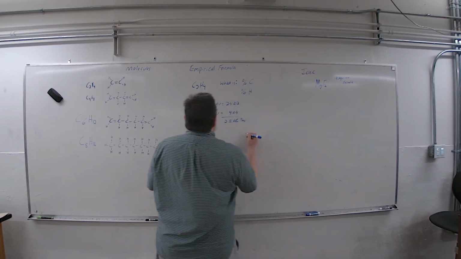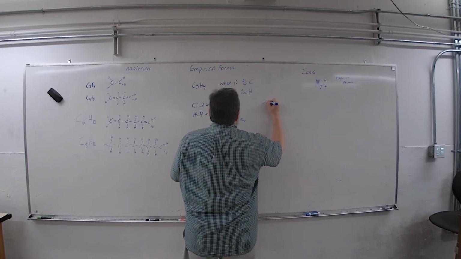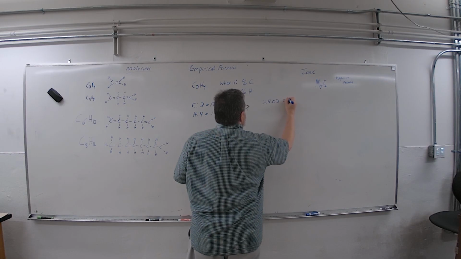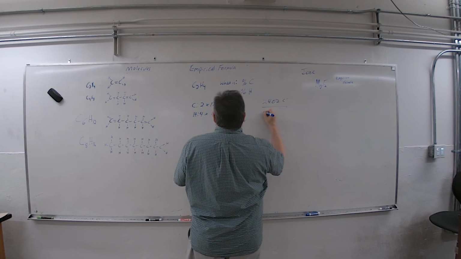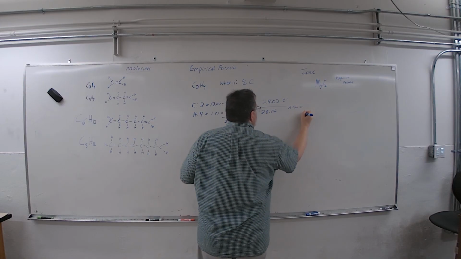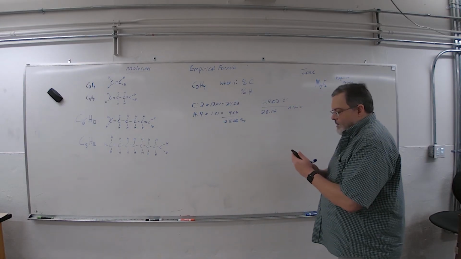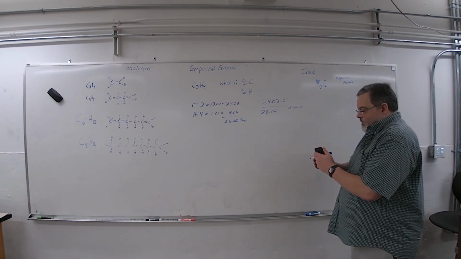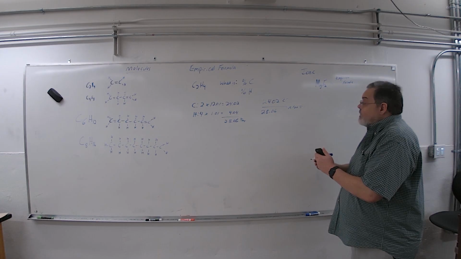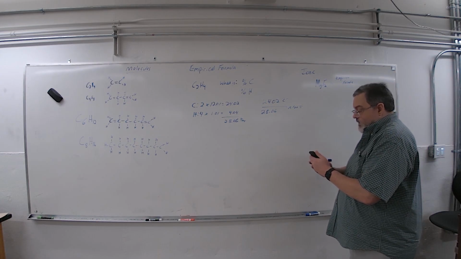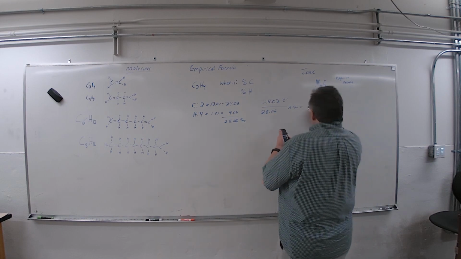So if that's the total, we have 24.02 of carbon over 28.06 times 100. I'll keep 4 digits here.